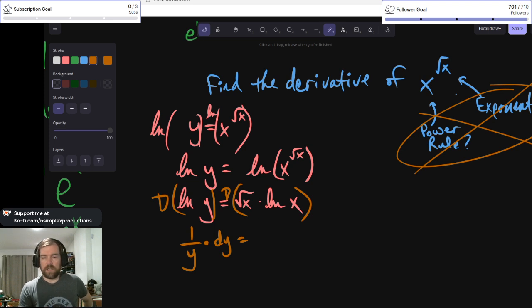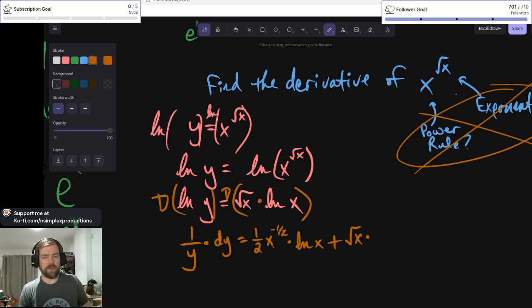So here, this is a product rule. So we're going to take the derivative of the square root first. The derivative of the square root of x is 1/2 x to the negative 1/2, times whatever we had to begin with. So don't change anything on the second one. Plus the first one, the square root of x, times the derivative of the second one.